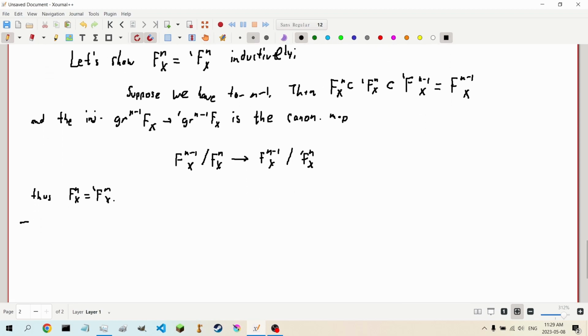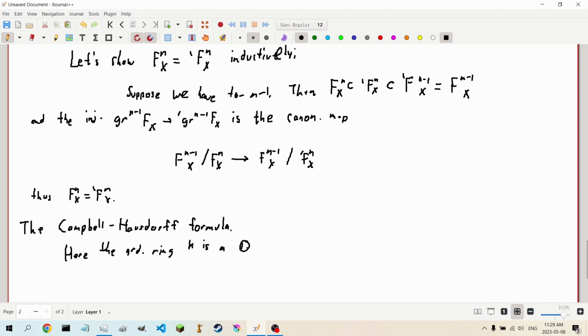New topic here is the Campbell-Hausdorff formula. Here the ground ring K is a Q-algebra.